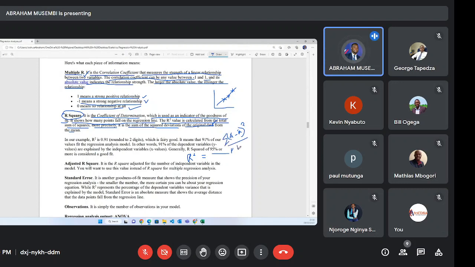Then of course we'll have to divide by n, the total number, either n or small n. So in our example, what is our R squared?